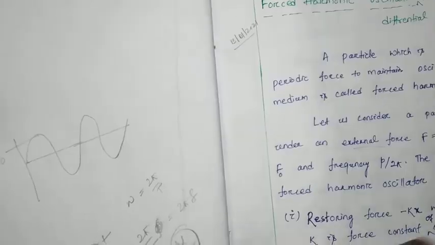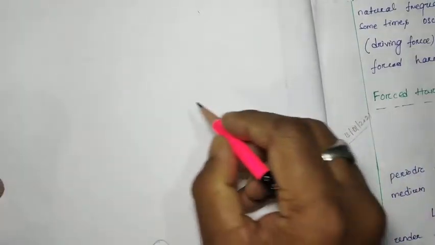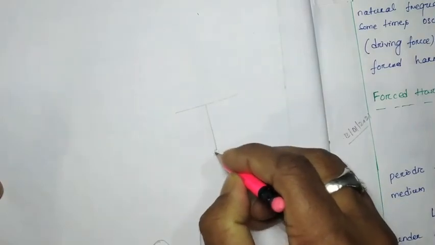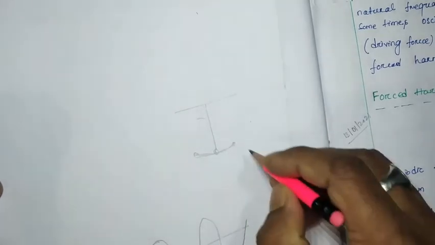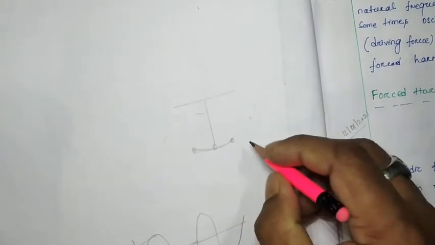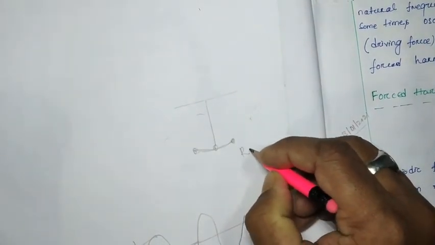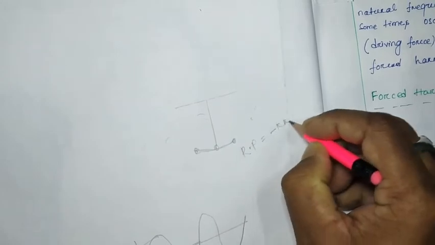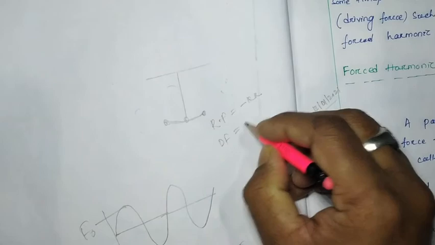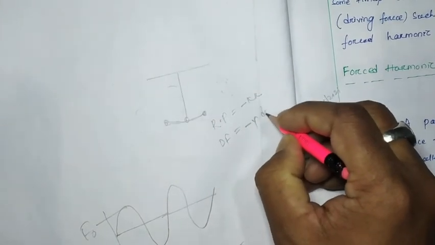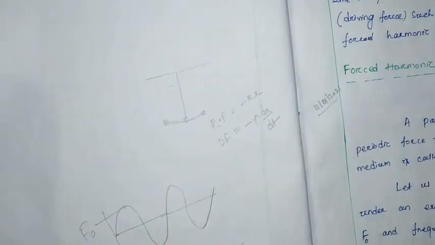Whenever a body is oscillating in a resistive medium, suppose this particle is oscillating in an air medium, two forces automatically act on this oscillator. One is the restoring force, minus kx, and another is the damping force, proportional to the velocity, which is gamma dx by dt.